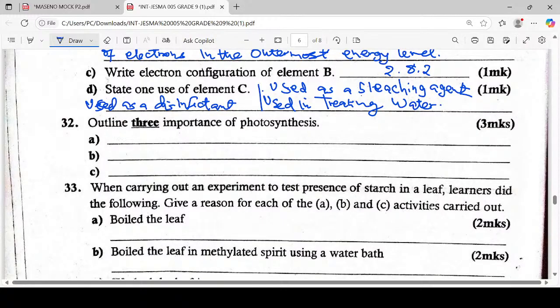Importance number one is production of food for plants. That is one. Usage number two is enables plants to produce food for animals.